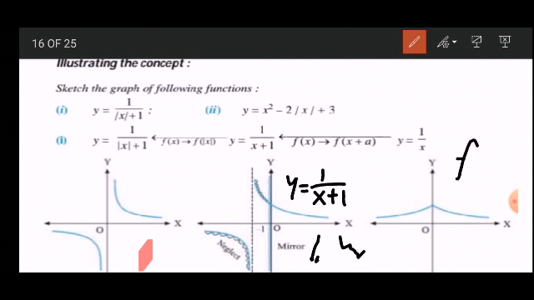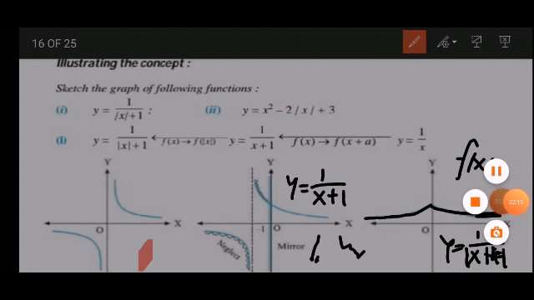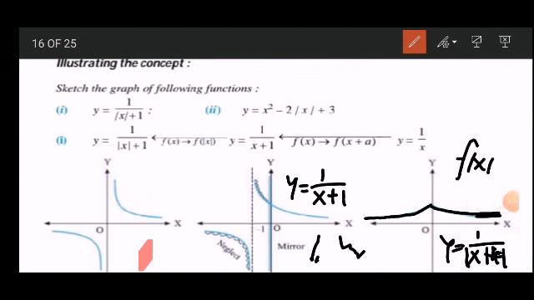This is an example of f of mod x as we have done, and finally we got the result y equal to 1 upon mod x plus 1. So finally this part of the graph is to be considered, this graph and this graph, which goes up to the x-axis, negative x region.